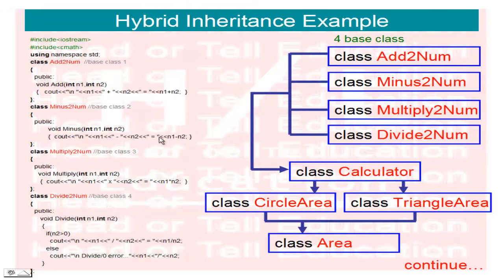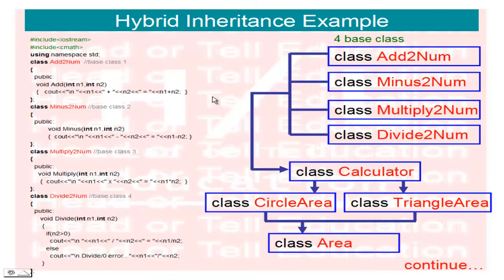The third one is multiply 2num, again a public function multiply, using n1 multiplied by n2. Finally, the divide function, passing integers n1 and n2 and dividing n1 by n2. These are the four base classes in our calculator.